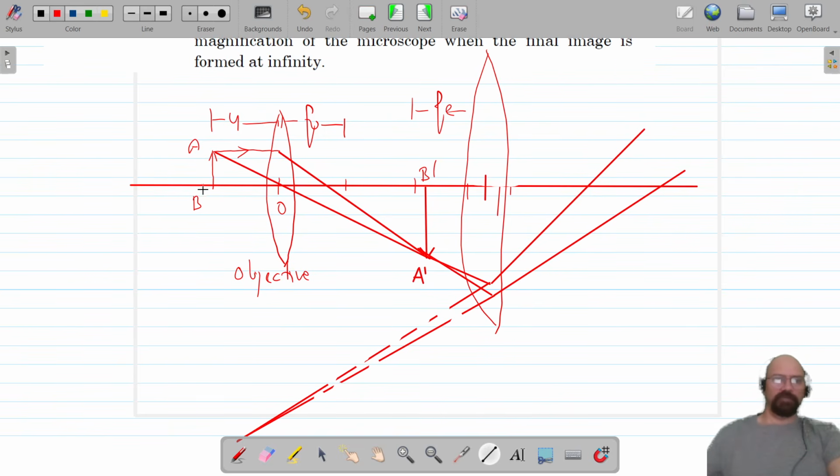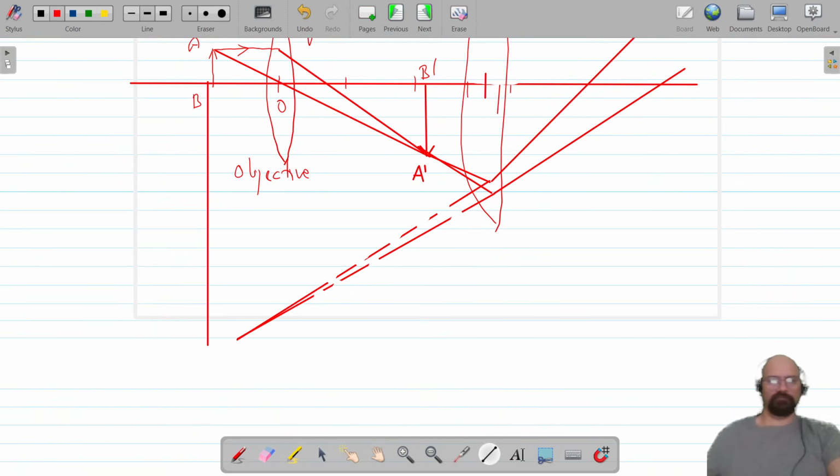अब यहाँ पे suppose these rays of light यहाँ पे intersect करती हैं at this point. Let's say they are intersecting at this point either way.